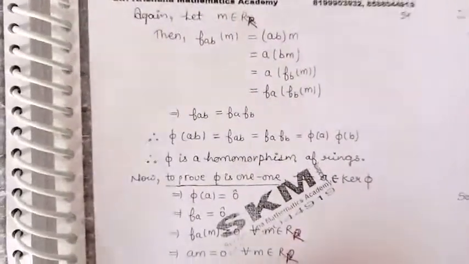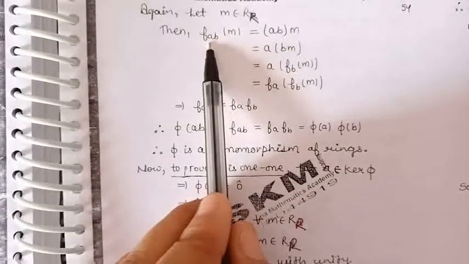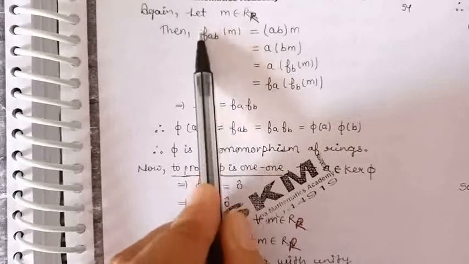To prove that condition, let us take an element m belonging to the ring R. Let us find the image of this element under the mapping f_{ab}. Now by definition of this mapping, the image of m is given by (ab)m, and this can further be written as a(bm).